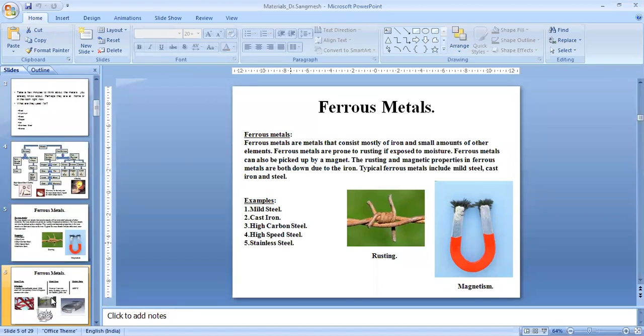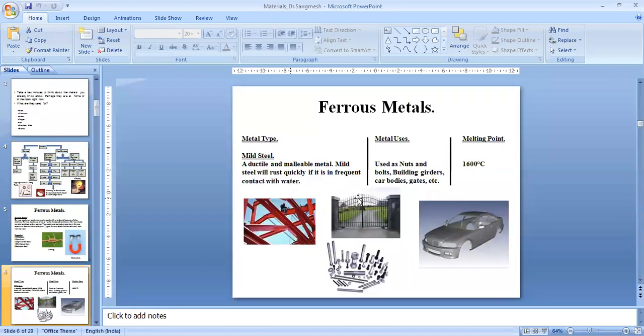If you look at ferrous metals with respect to application, mild steel is a very ductile and malleable metal. We use it for construction, huge bars and huge angles, more or less construction applications.